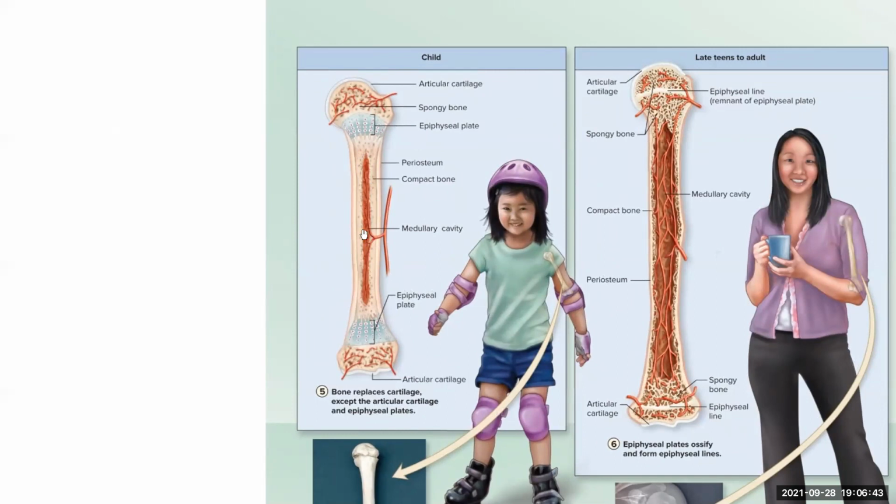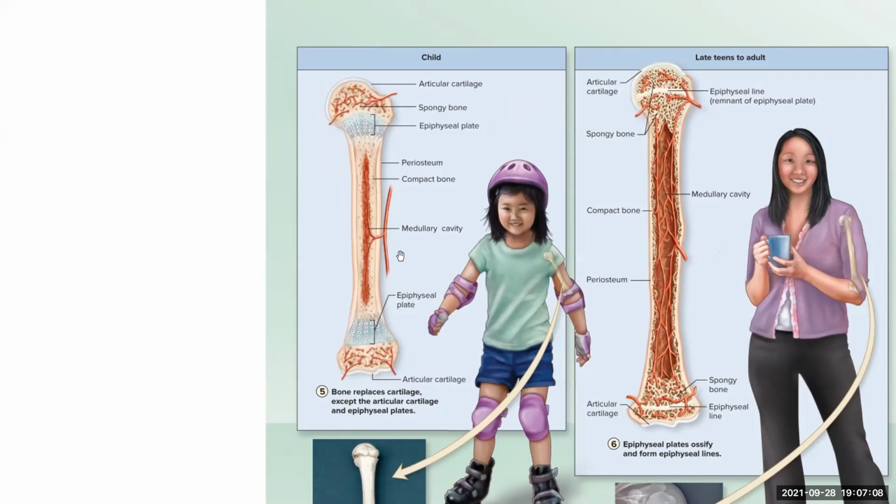So the osteoclasts are still working on hollowing out that medullary cavity, because remember, as you grow, your bone gets longer and it gets thicker. So we're constantly trying to make the medullary cavity bigger. The only areas that you're going to see cartilage remain is in the epiphyseal growth plate here and where there's articular cartilage. Those are the only places.